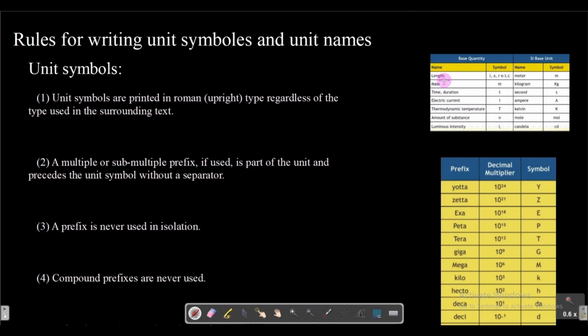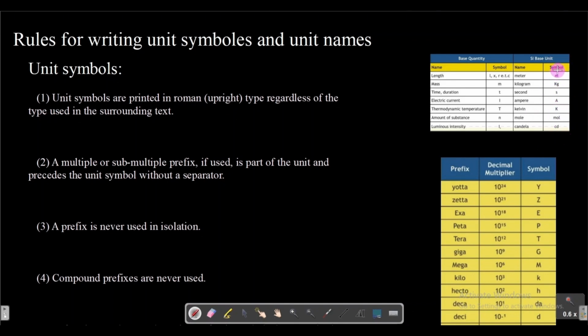Let's say we consider length, and its unit is meter, and that meter is represented by this small m. So in these seven base physical quantities, we have this unit name. This column represents the unit names, and this column represents the unit symbols.